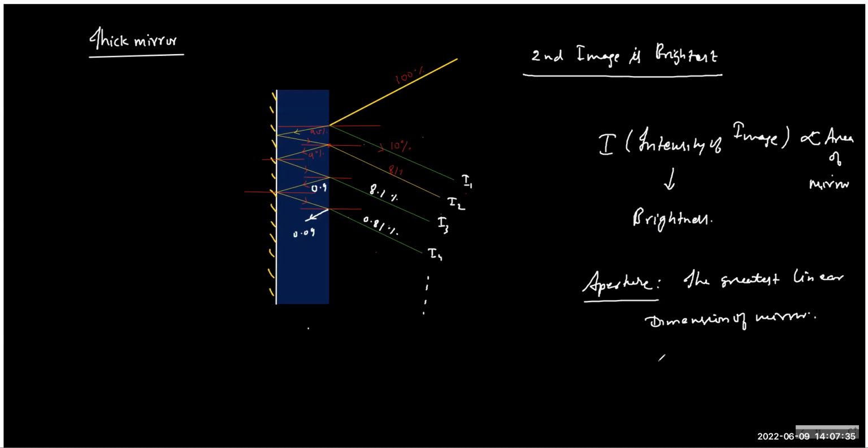Basically, it's called the effective size of light reflecting area.